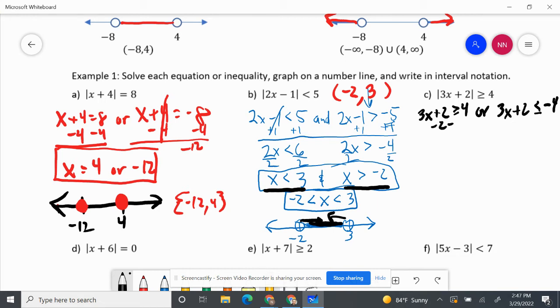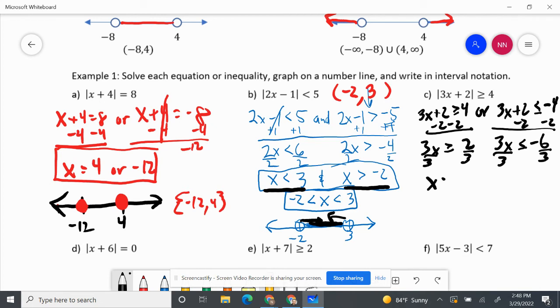Once again, I like to do it at the same time. I subtract the 2's, and I get 3x is greater than or equal to 6. I have 3x is less than or equal to negative 6. Then I'm going to, let's see, that should have been a 2. Then I'm going to divide it by 3.